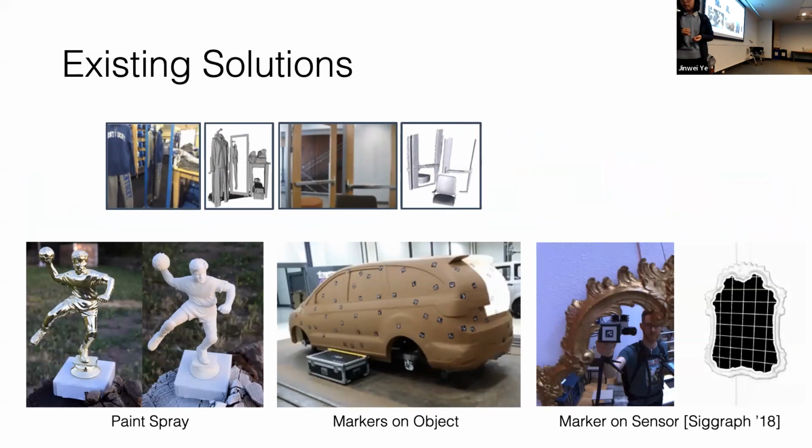Okay. And common approaches just paint them with diffuse paint, or attach markers on the surface or the camera, in order to have some knowledge about the presence of this kind of object. Okay, but all these methods are sort of intrusive.